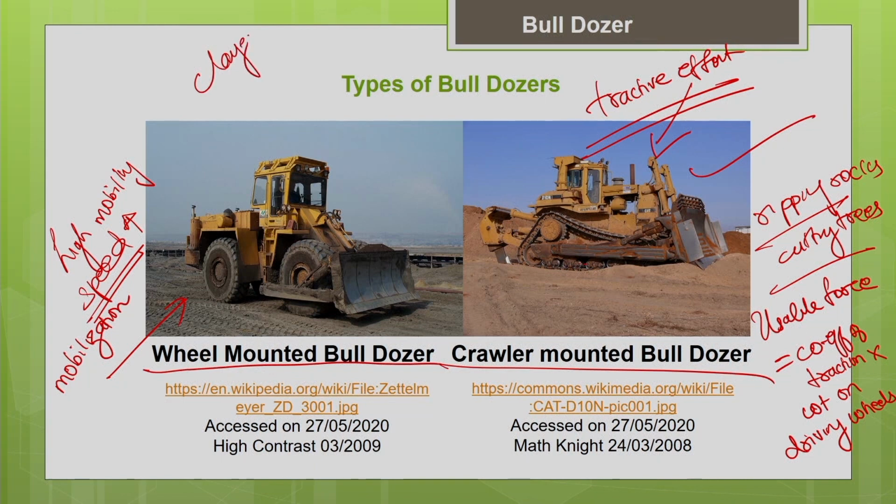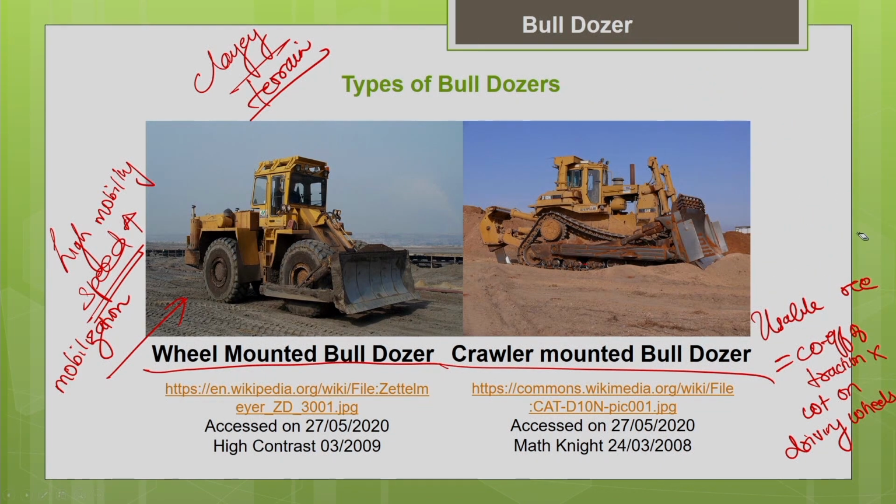So you are going to operate this machine on a clayey terrain. So obviously, which one will have better coefficient of traction when compared to the tire mounted on a clayey terrain? Definitely your crawler mounted will have better coefficient of traction. So there will be proper grip between the track and the haul route.